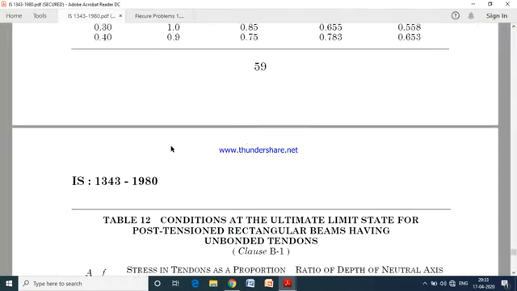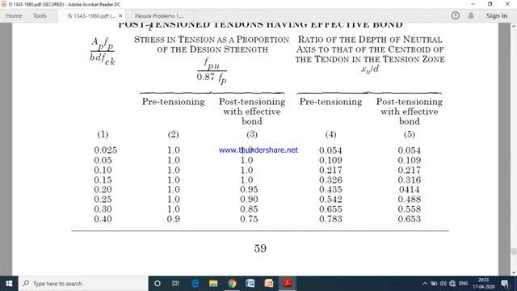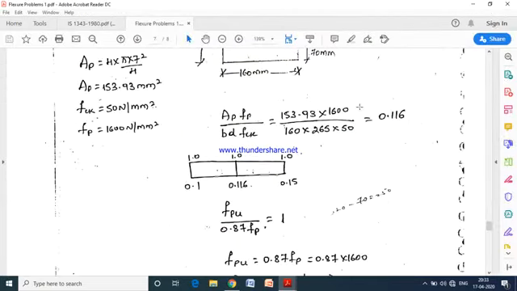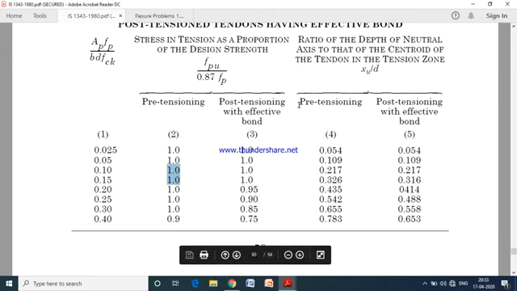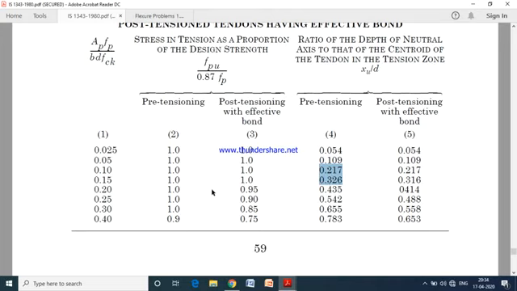For Ap fp by b d fck, go again to Table 11. Here the value is 0.116; we have 0.1 and 0.15. For both we have 1 for fpu by fp, and for xu by d we need to interpolate. For 0.1 it is 0.217 and for 0.15 it is 0.326.